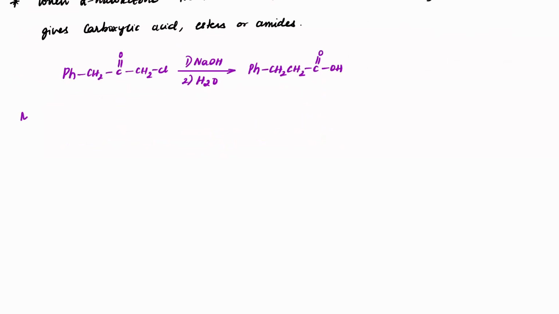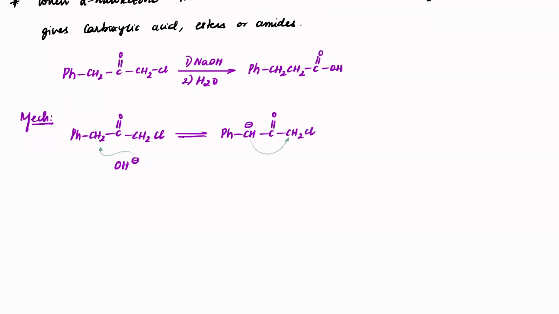See the mechanism here. We have Ph, CH2, C double bond O, CH2Cl, and OH minus will go and extract this proton from the alpha position. You will get this as Ph, CH minus, C double bond O, CH2Cl.